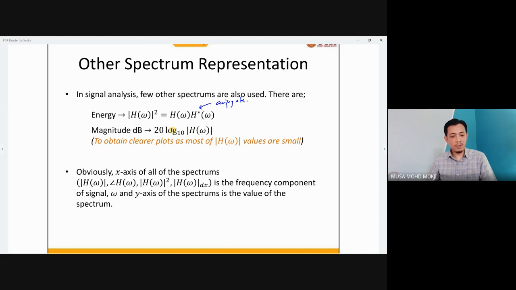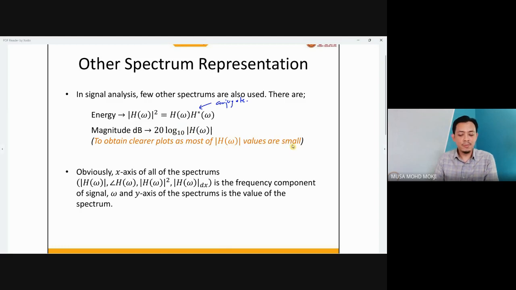You have seen minus 3 dB, minus 6 dB. You have analyzed those kinds of things, and everything is in dB. So why do we do that? Actually it is to obtain clearer plots, as most H omega values are small.